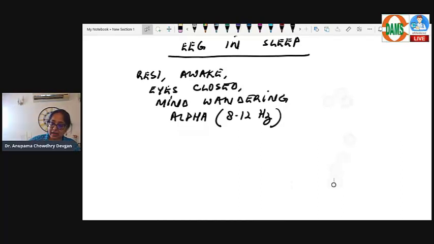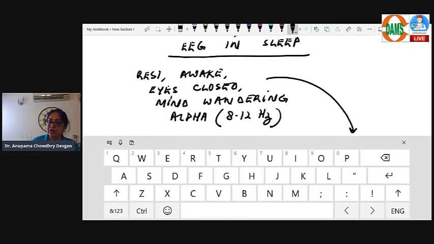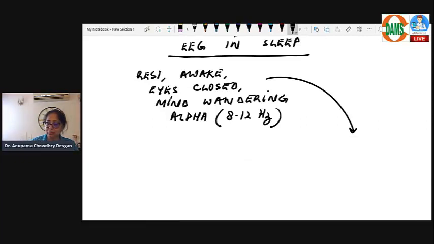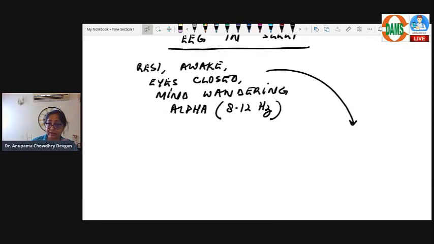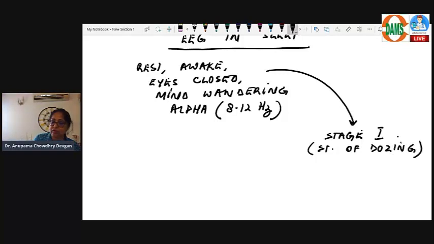Now, when you begin to sleep, first you go into what is known as stage 1 of NREM sleep. Right? Stage 1 is known as the stage of dozing.